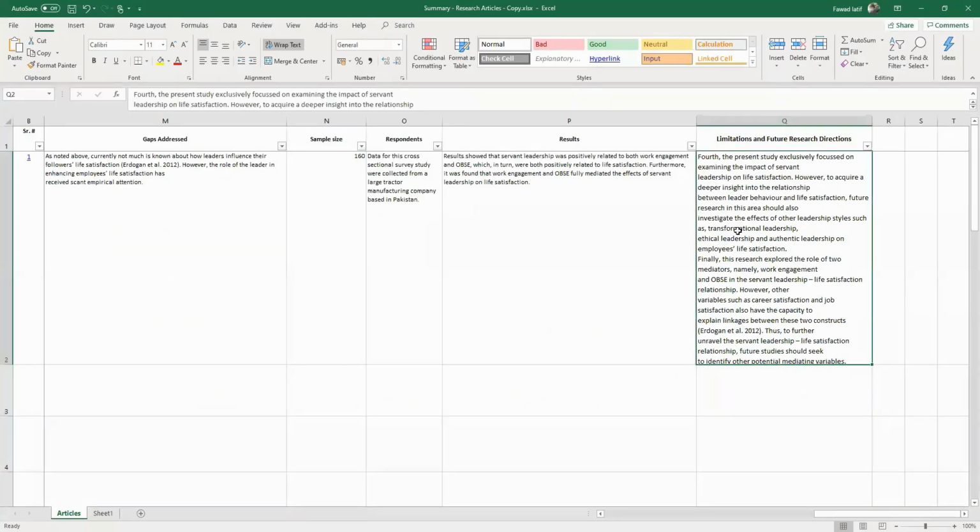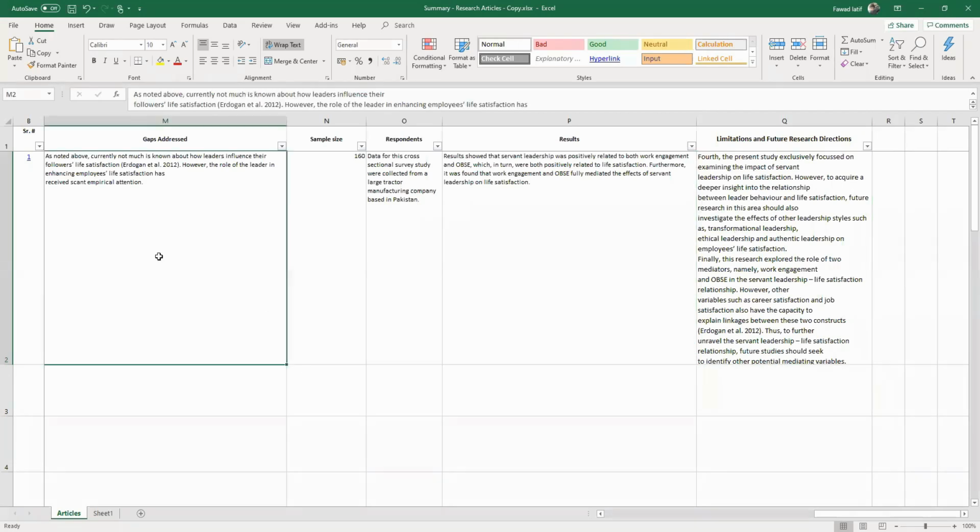You can use this argument that previous studies have focused on the impact of servant leadership on life satisfaction. But existing research has asked for inclusion of other leadership styles and evaluating their impact on life satisfaction. You can use this argument that the role of leadership in enhancing employee life satisfaction has received scant empirical attention.